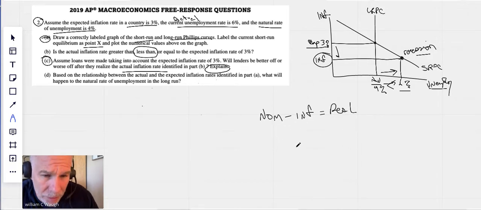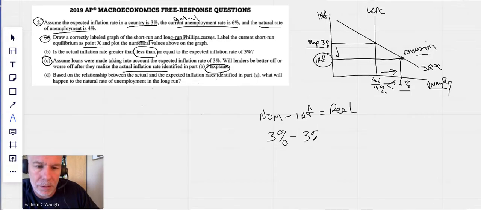It works with wages, it works with GDP, works with interest rates. Let's say we have a nominal interest rate, or the rate banks charge people, at 3%. And then they expect inflation to be 3%. The question is, what was their real rate of interest? What did they actually gain on their money? And obviously 3 minus 3 is 0.